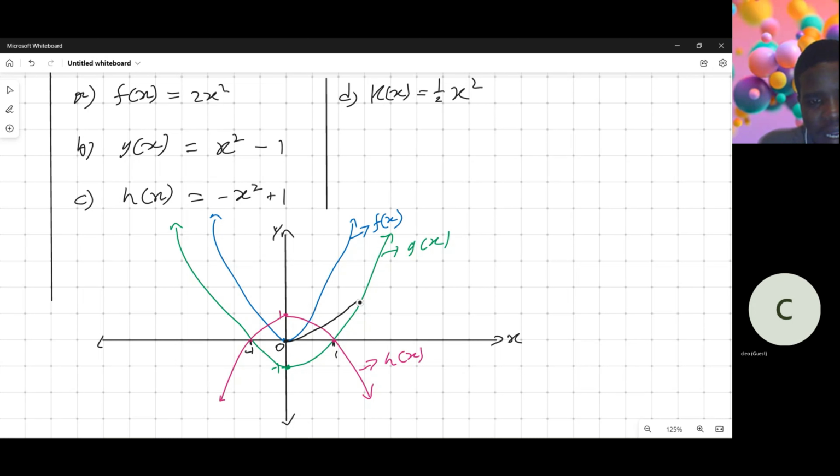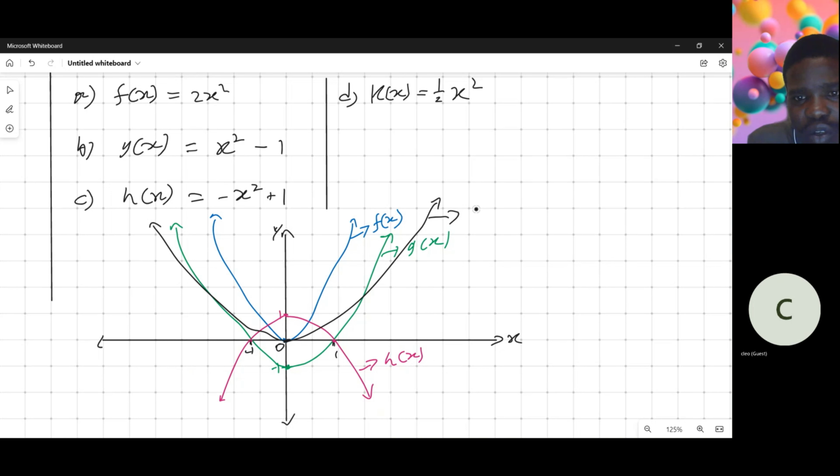It's broader. You see? This is our graph. It's opening, it's welcoming. It's much broader compared to all of them.